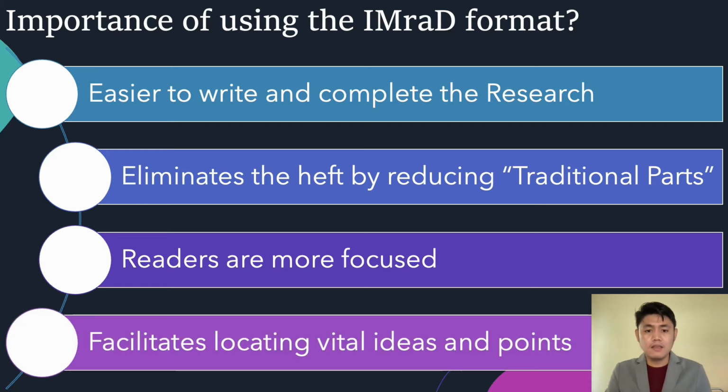And lastly, the IMRAD format also facilitates reading, and it improves both skimming and scanning to locate specific information without reading the entire article. So that's the reason why we have to employ the IMRAD format in our undergraduate and faculty research.